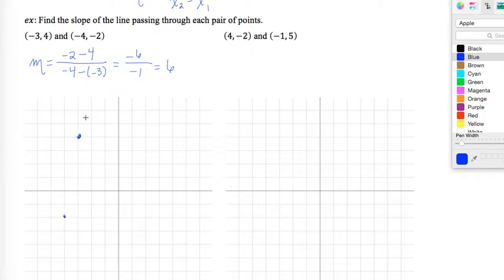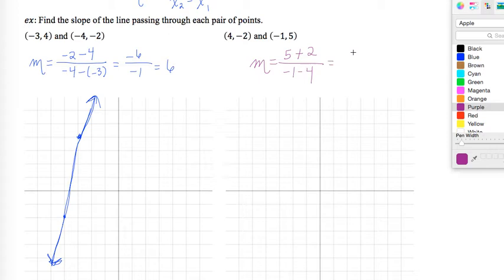So this is a really steep line. It's a large number like 6, because 6 is large relative to the number 1. It's 6 times greater than 1, and 1 is the slope of a 45-degree line. So that's very steep. Also note that because it's got a positive slope, it's going up as you go from left to right. Okay, and in this one, the slope is y2 minus y1, it's going to be 5 minus -2, or 5 plus 2, over x, -1 minus 4, it's 7 over -5, -7/5.